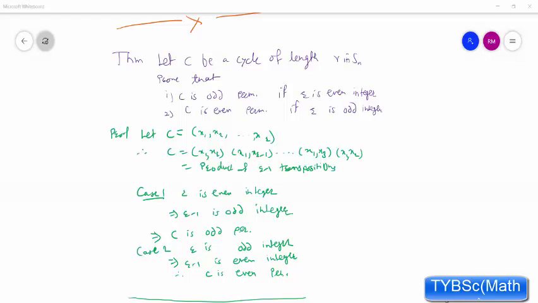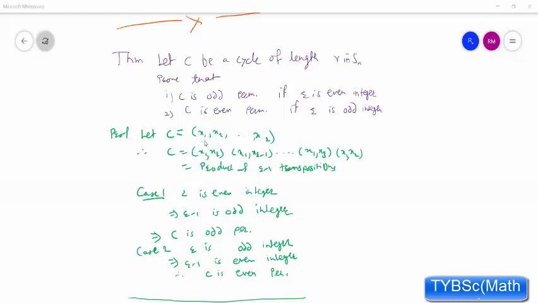So friends, let us prove this theorem. Since C is a cycle of length R, it can be represented as C equal to (x1, x2, ..., xr). We know the theorem that any cycle can be expressed as a product of transpositions.